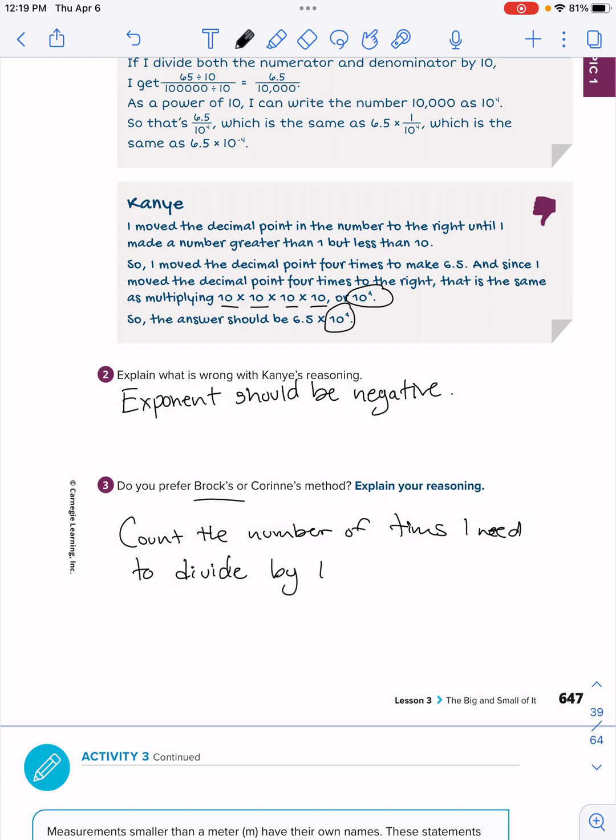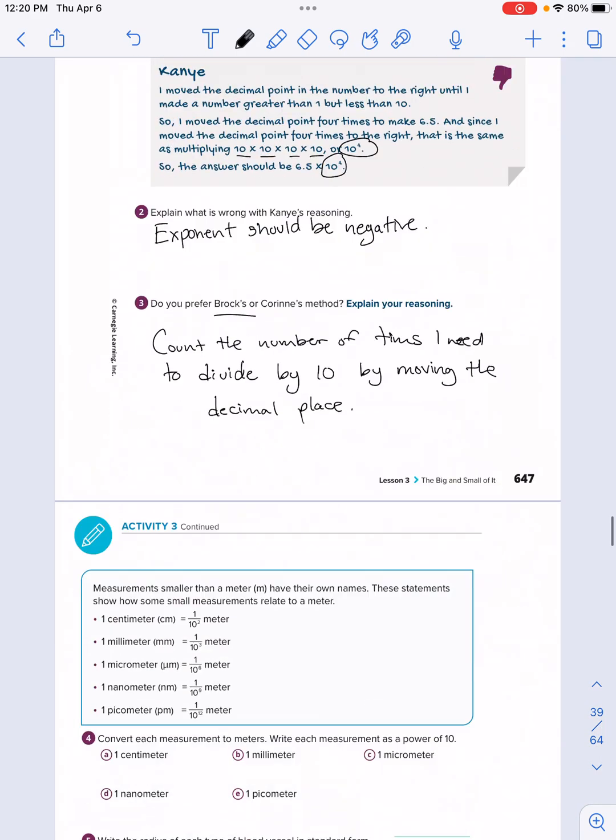Right, we're looking at tens by moving the decimal place. Right, so we want to think of multiplying by 10 or dividing by 10 as moving that decimal place every single time. Okay, let's go to 648.